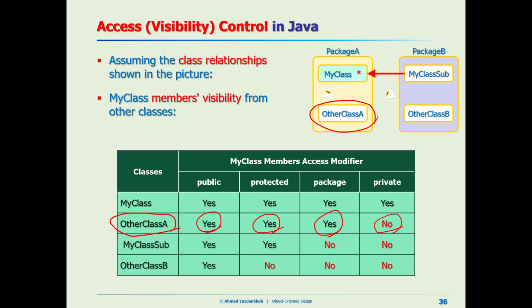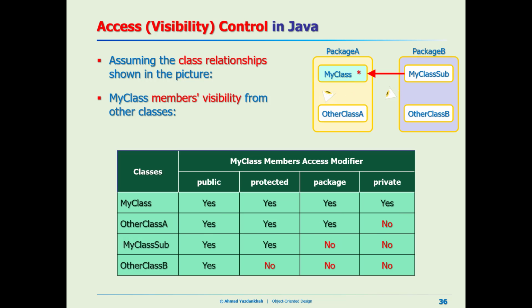So private is specifically for MyClass, right? Nobody else can see that member. Okay. So, in summary, if we have a class in the same package, this guy can see all members except the private one. Now let's focus on this one, MySub class.